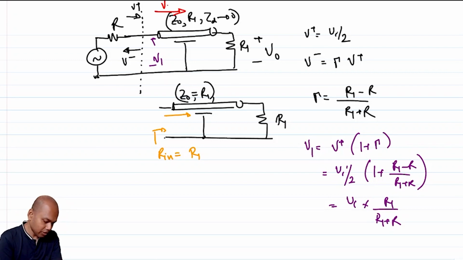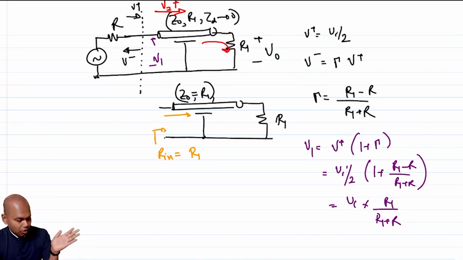So I should call this something. Let me call this V2 plus. This V2 plus will go and get absorbed here and nothing comes back. So what is just on the right side of the junction, what is the total waveform? That is V2 plus, right?